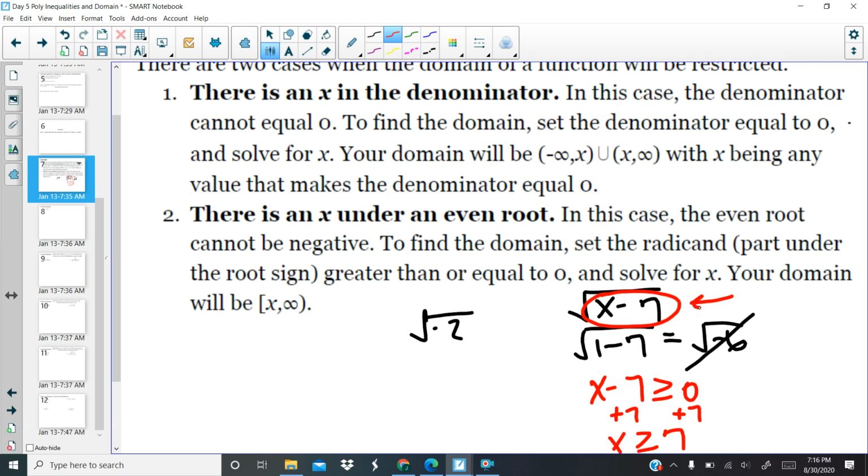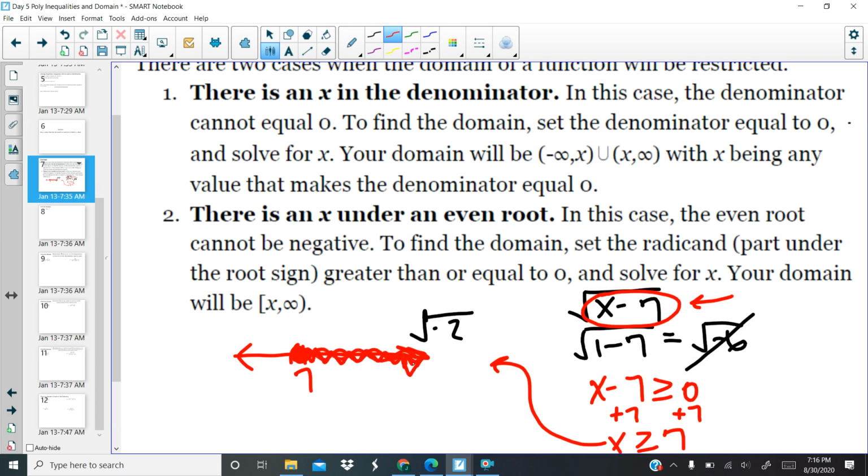The last thing is that anytime you're writing a domain, you're going to want to write it in interval notation. Say you have the domain x is greater than or equal to 7. I'm going to put that on a number line for now. Here's 7, and it's greater than or equal, so that would be a closed circle on a number line, and it would shade to the right because that's greater than.